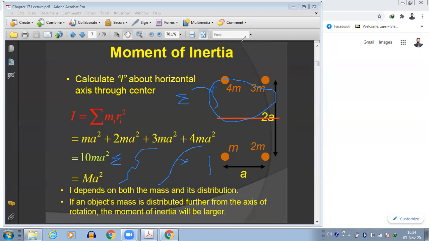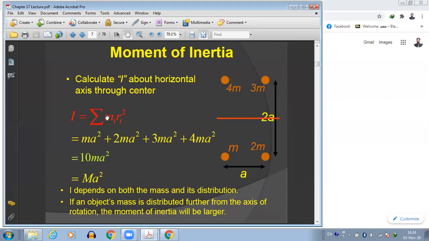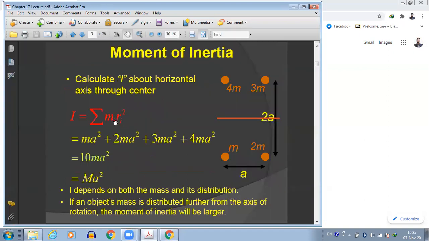Anyway, I was just trying to explain that this formula, I equals integral r squared dm, is the same formula as summation m_i r_i squared. But this is for the case when the radius is varying analogously, and this is for the case when the mass is distributed along the radius discretely.